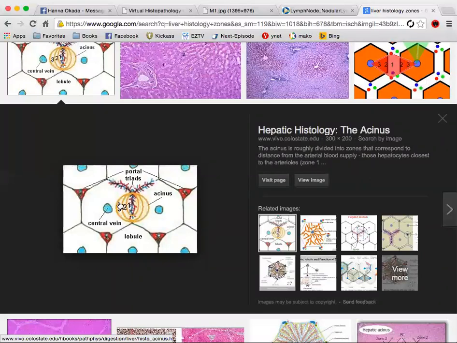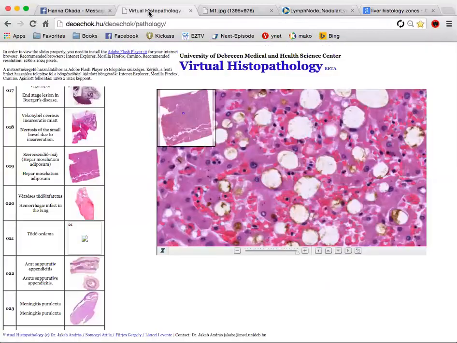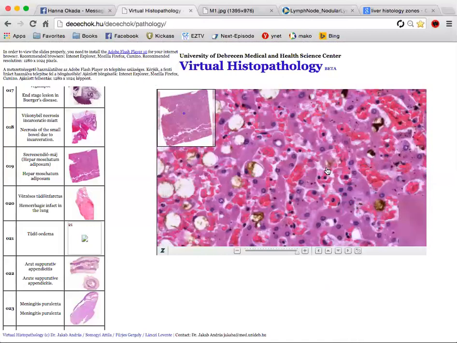And the third zone here is always suffering from low oxygen tension because the central vein contains mostly non-oxygenated blood. So that's why this area close to the central vein will have fatty transformation, and the area next to the triads will be more normal looking.